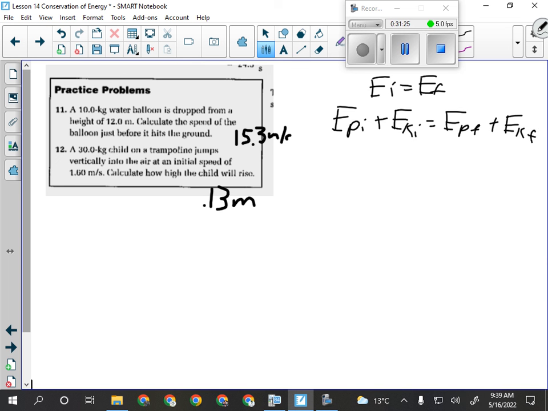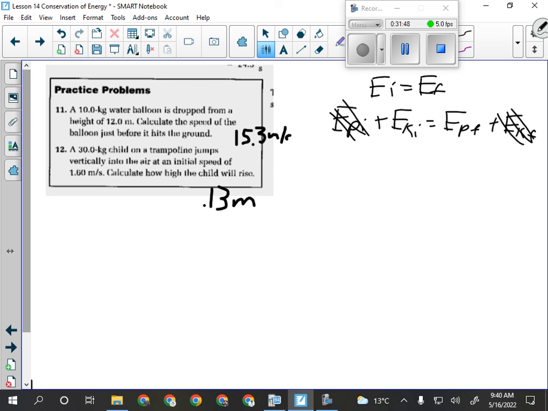We're starting off with kinetic energy and ending with potential. Our initial potential energy is 0 because we're at ground level on the trampoline about to be thrown up into the air. That means our final kinetic is also 0, because at our maximum height we have no speed and thus no kinetic energy.